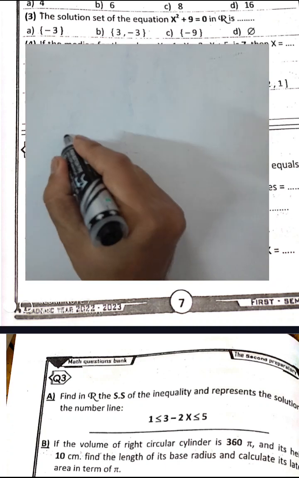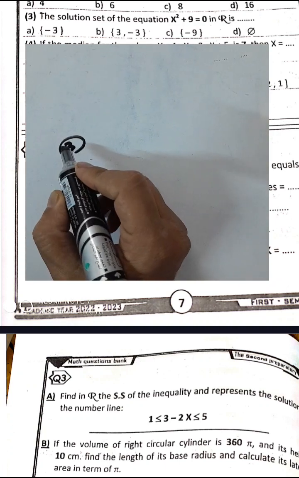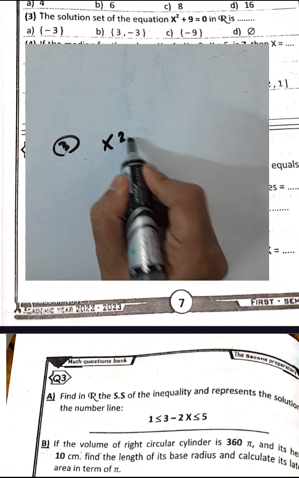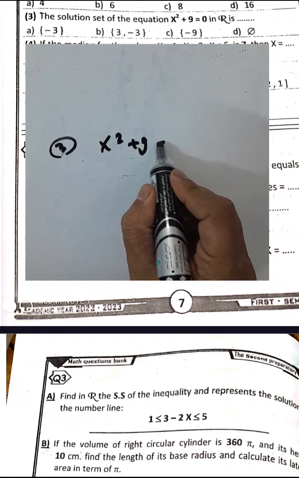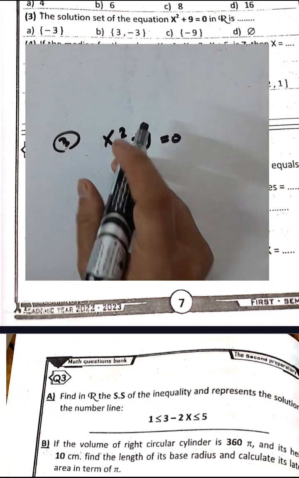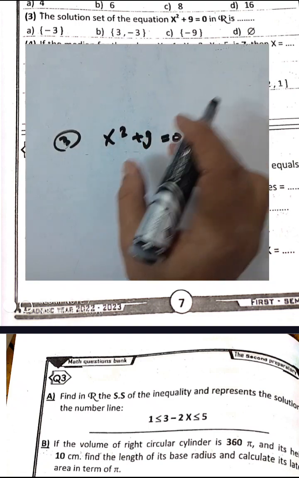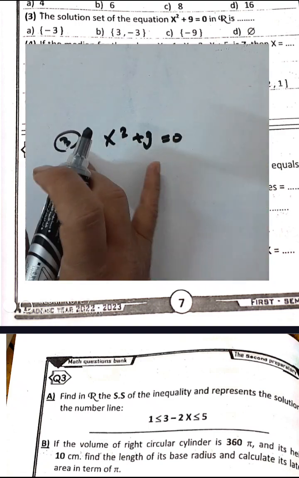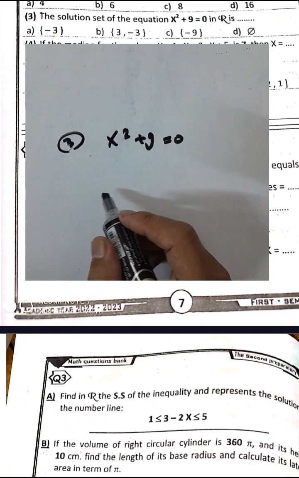The solution set of the equation x power 2 plus 9 equals 0 in R. We have x power 2 plus 3 power 2. We can find the result here because we haven't a number power 2 plus 9 equals 0.